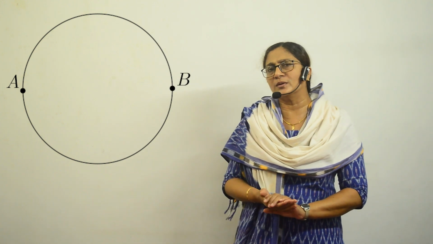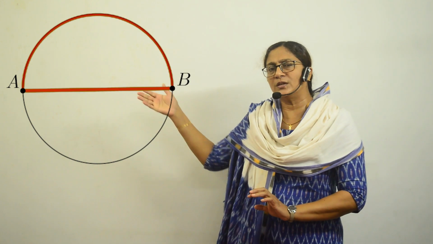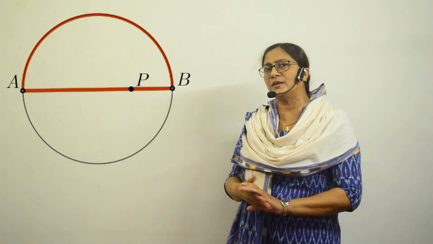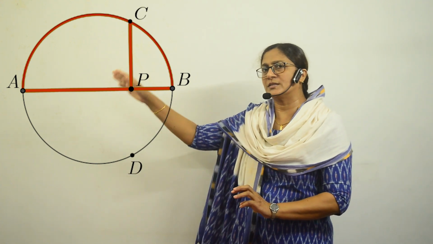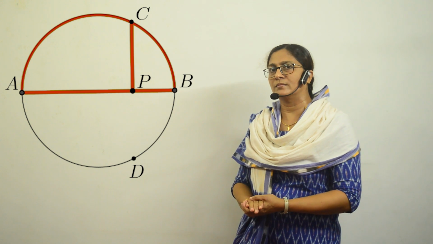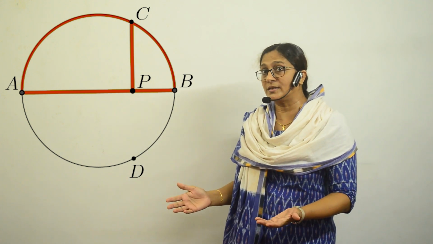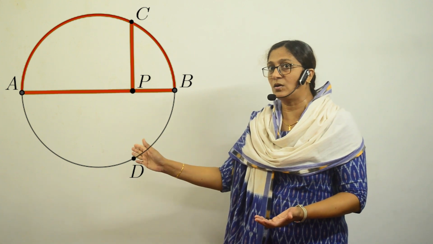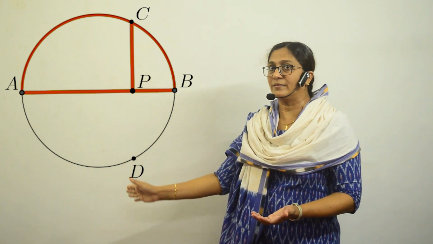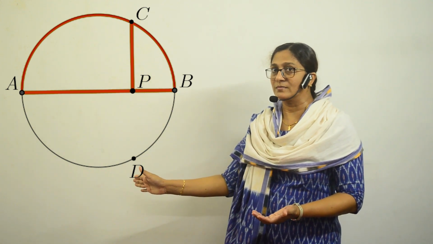Here we can note another thing also. Is it necessary to draw the whole circle since we know that PC and PD are of equal length? What if I draw the semicircle only? Our one chord is the diameter, so it's there in the semicircle, and the other chord is equally divided by the diameter.